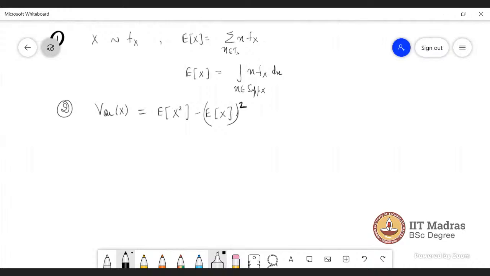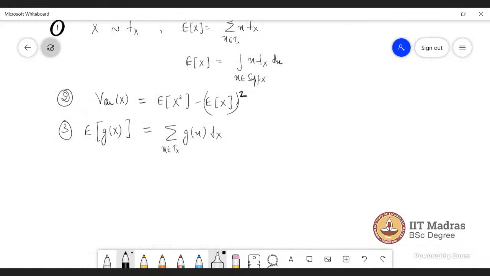Third, if you have a random variable X and a function of X, g of X, and you have to find the expectation of g(X), then if X is discrete it is the sum of g(x) times fx, where x belongs to the range of X. If it is continuous, you will do the integration of g(x) times the distribution of X.